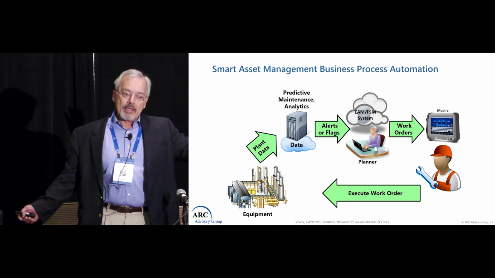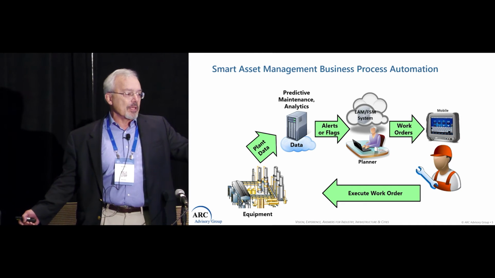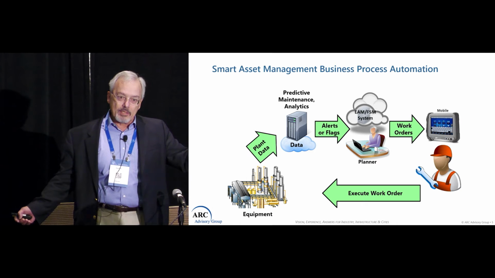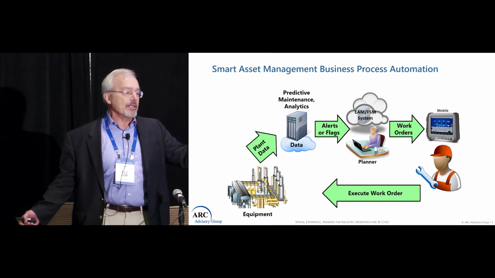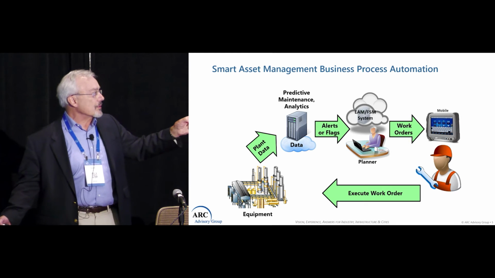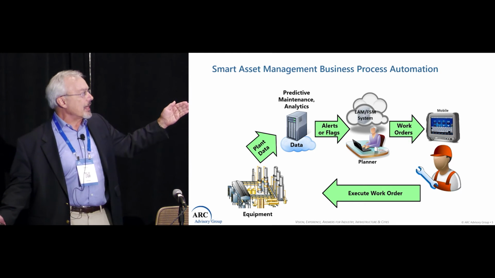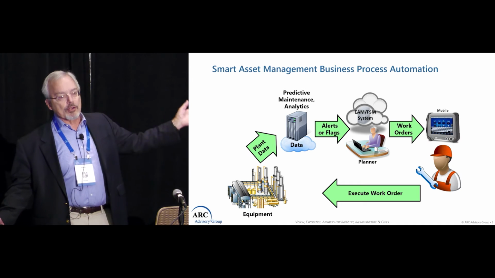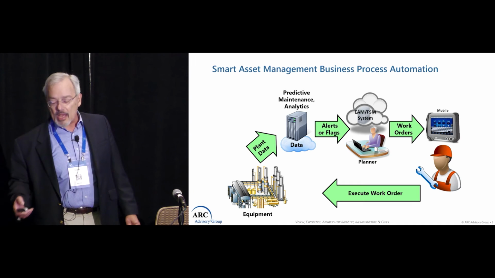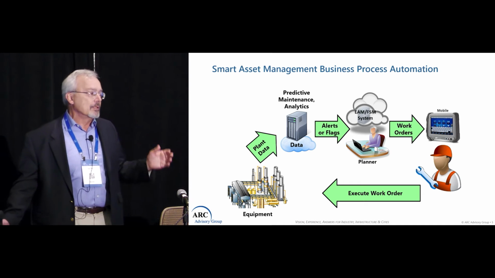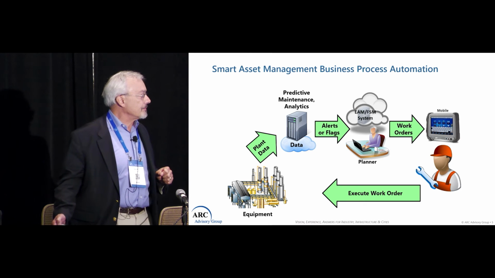That means the data in your EAM system becomes much higher quality, and people start to trust the EAM system and use it for planning work orders. So this is an example of that business process automation that goes across many of the silos in your typical plant operations.